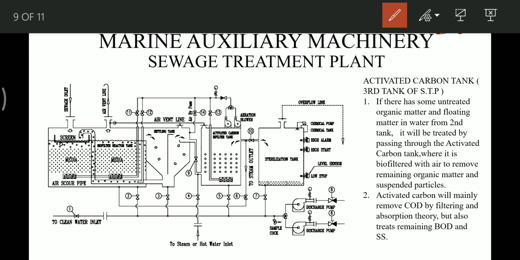This activated carbon will mainly remove COD, that is chemical oxygen demand, by filtering and absorption theory, but also treats remaining BOD and suspended solids which are present in the sewage which has passed on from this settling tank.